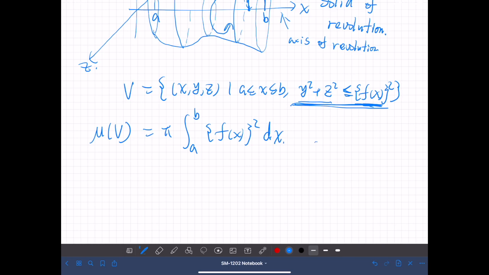To show this, let us define this set D of x on the yz plane, defined as y squared plus z squared less than or equal to f of x squared.